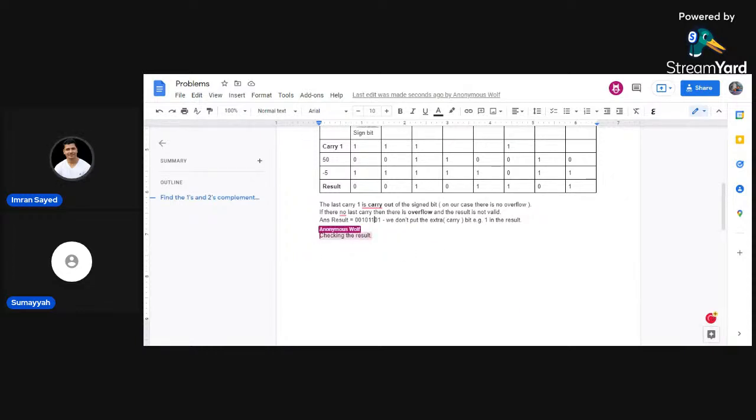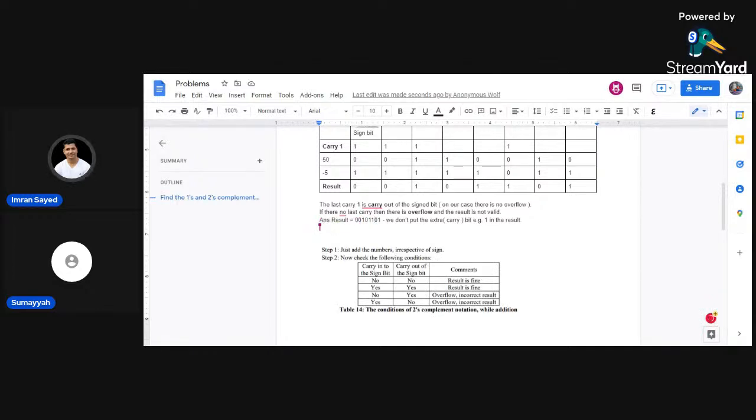Let's move on to another question. And one more thing: if the result is negative, meaning you have a 1 at the start, you have to take the 2's complement again.